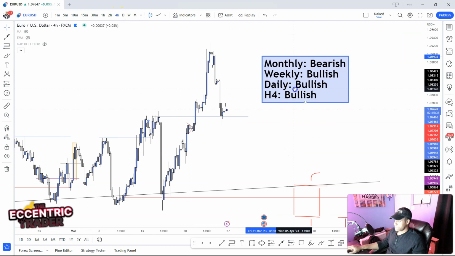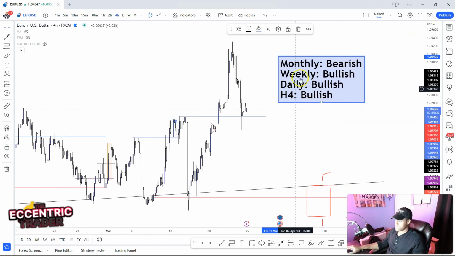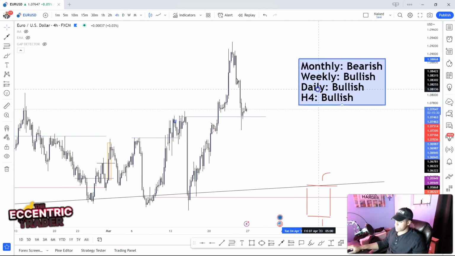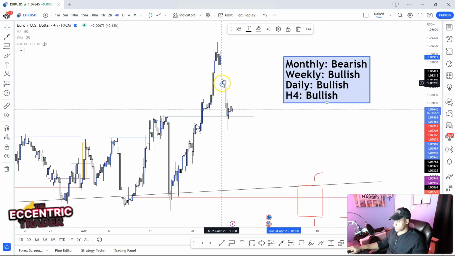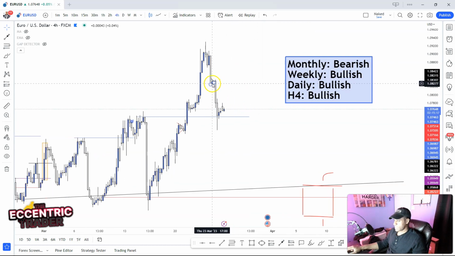Alright, cool. So H4 is actually still bearish too. But last week I definitely got in on some intraday sells, I'll tell you that. So I caught this move here. I almost caught this move, but I think I backed out of it.